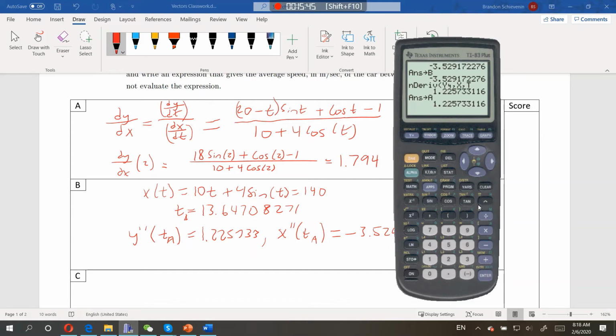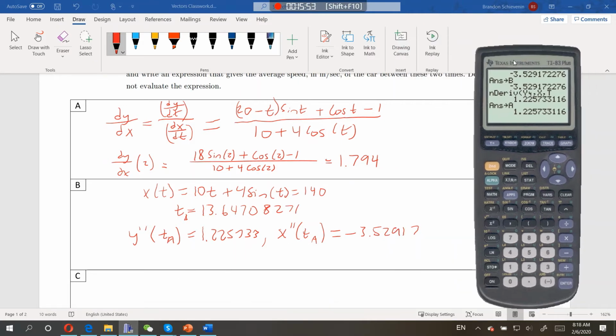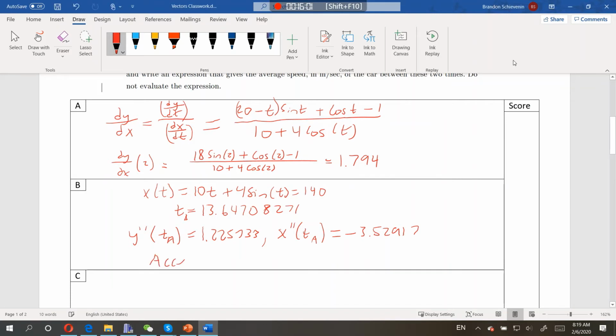Then our final answer, our acceleration vector. Oh, we actually don't need the slopes. I don't need to save those, but my acceleration vector would be what? That's just minus 3.53.